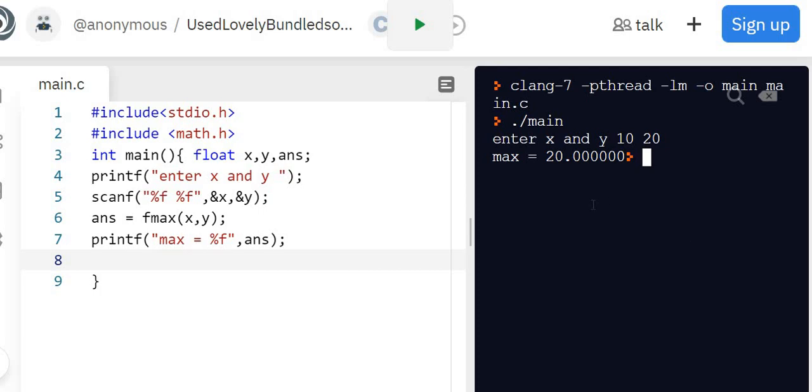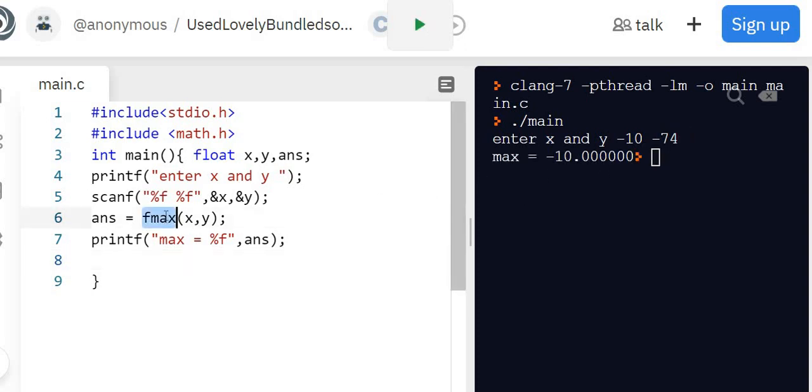So maximum is 20. Suppose I enter the values minus 56 and 20. So 20. And if I enter minus 10 and minus 74, the maximum is minus 10.